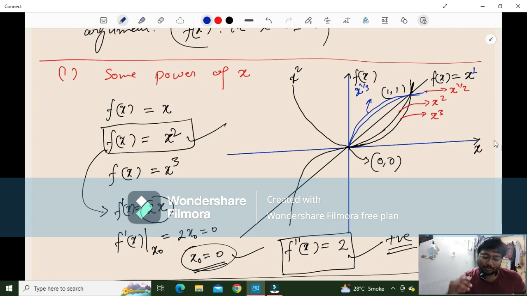This straight line is the separation between these two families of curves.